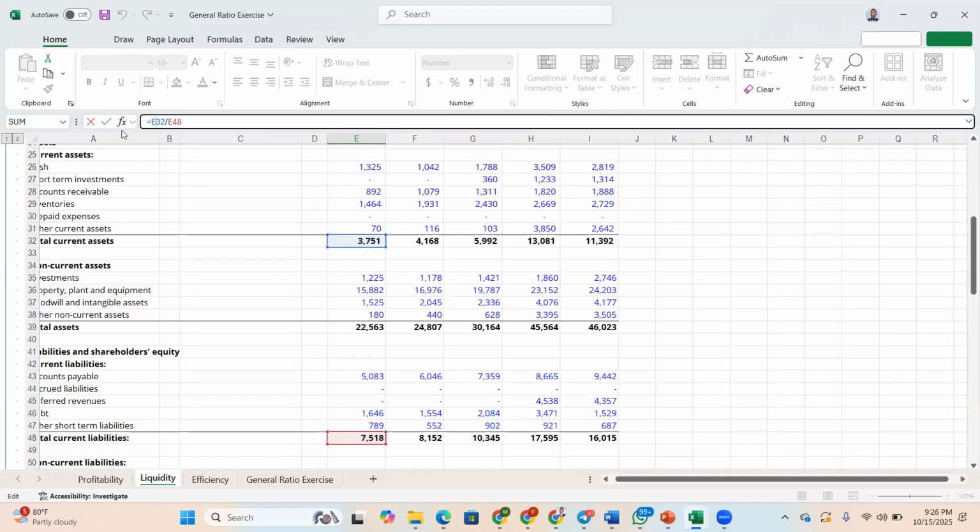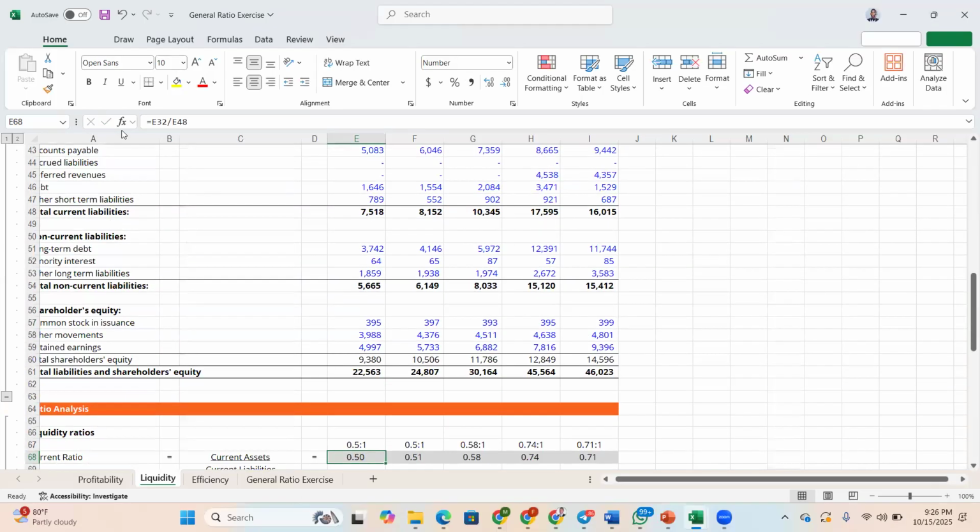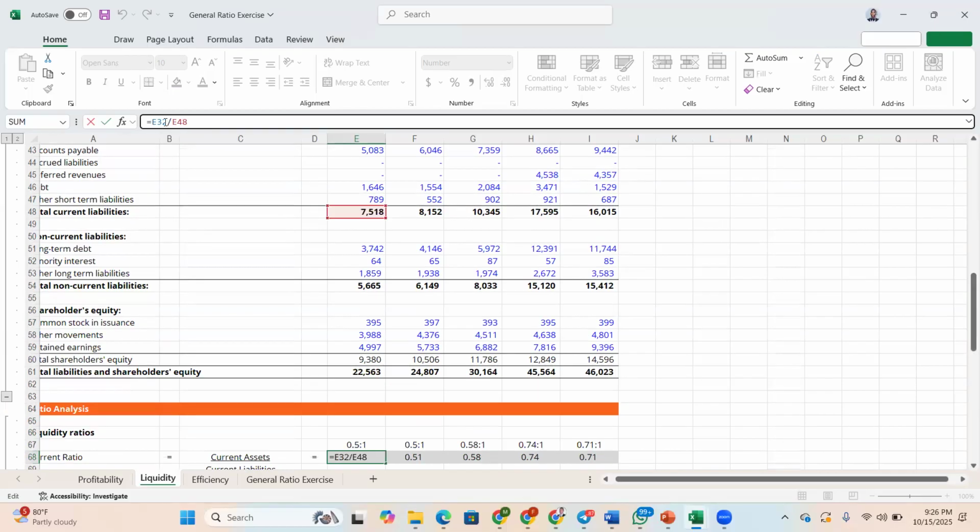There's a way you can hold the current assets by using the dollar sign, or pressing F4. If you press F4 two times, the dollar sign appears before 32. So you're saying, okay, it is this 32 that I want.